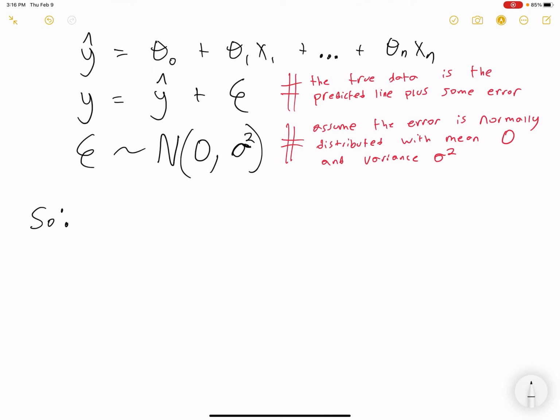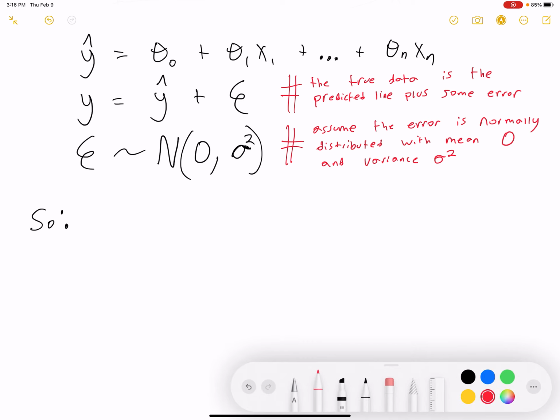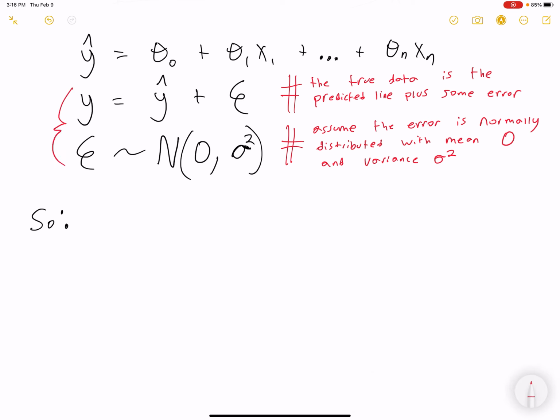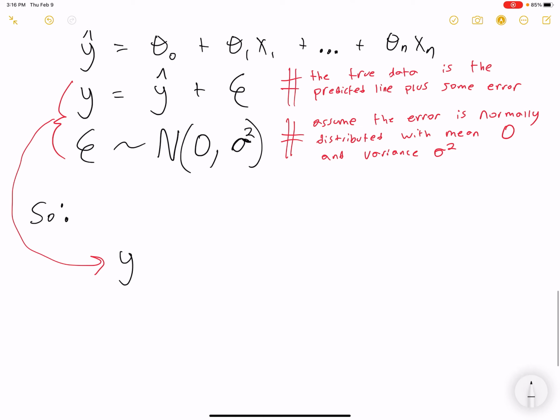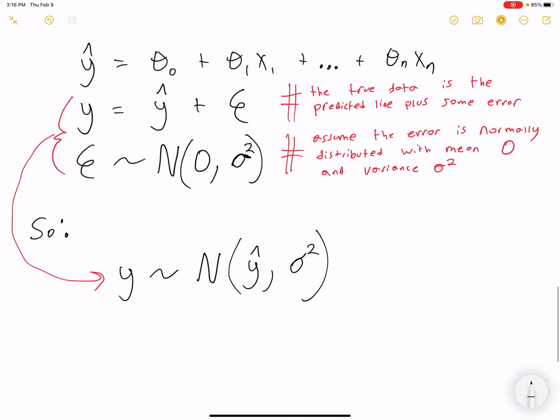So a way to write this more compactly, these two things, is to just say that y is sampled from the normal distribution with mean y hat and variance sigma squared, or standard deviation sigma.